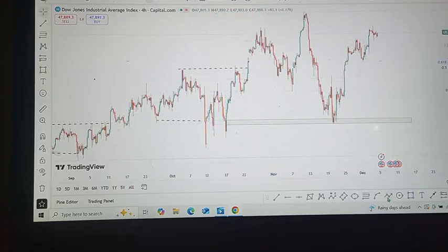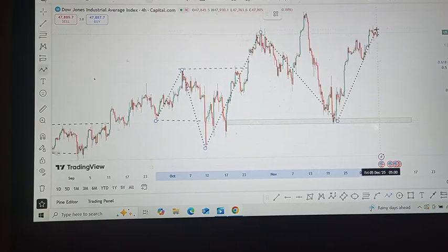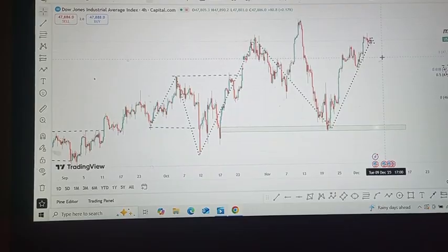This is exactly what we want to see over and over and over again. Sweep of the previous low, break of structure, comes down to the discount zone, then we'll buy. Hope you got me. All right, thank you and God bless you.